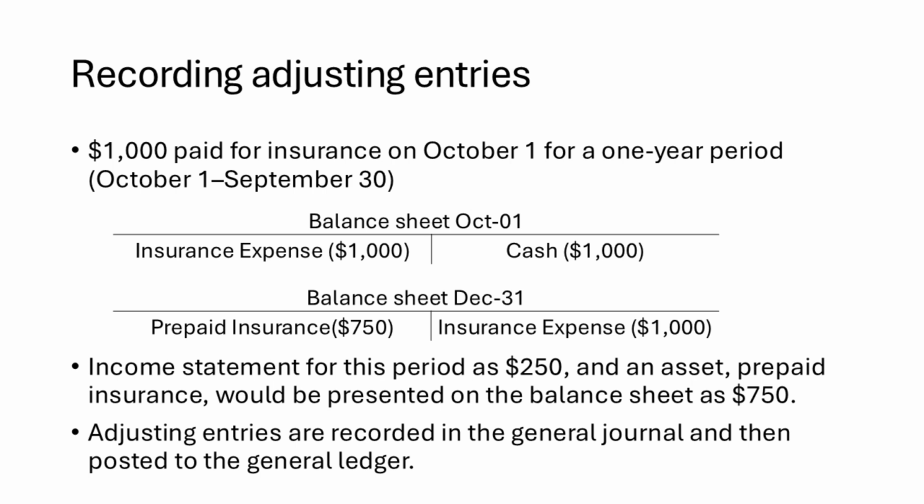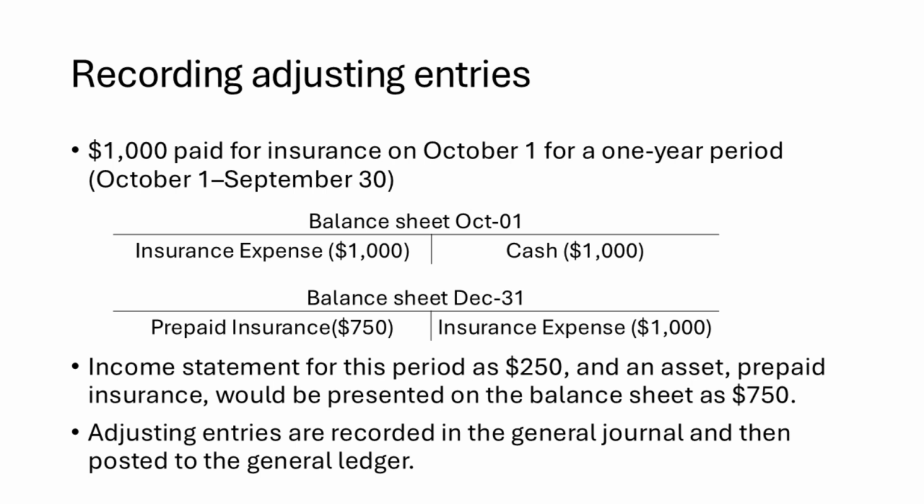If this company prepares financial statements on December 31st, it would be necessary to adjust insurance expense because not all of the insurance expense should be recognized in the 3-month period October 1st to December 31st.